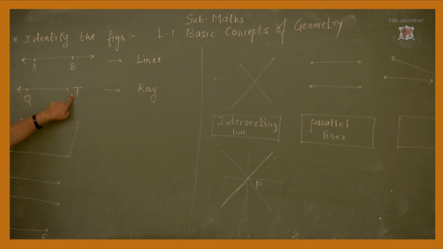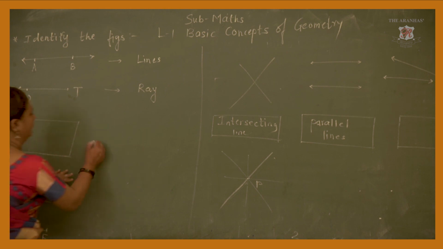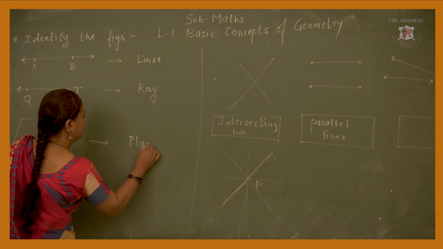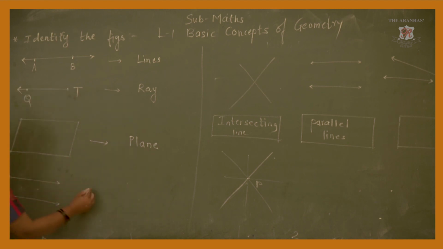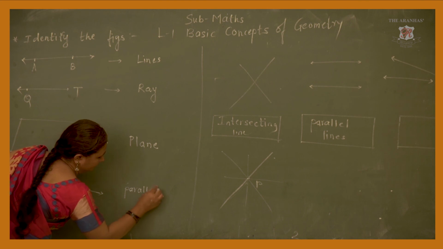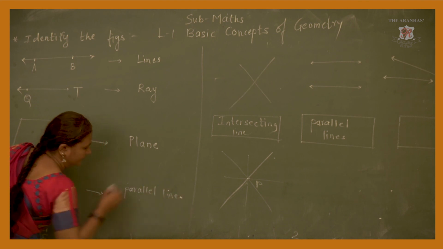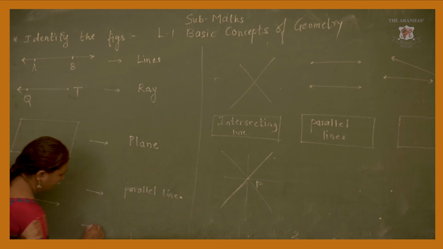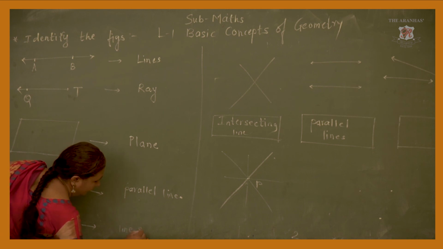So it is ray TQ. This is a figure of a plane. This is a figure of parallel lines, and this is a figure of a line segment.